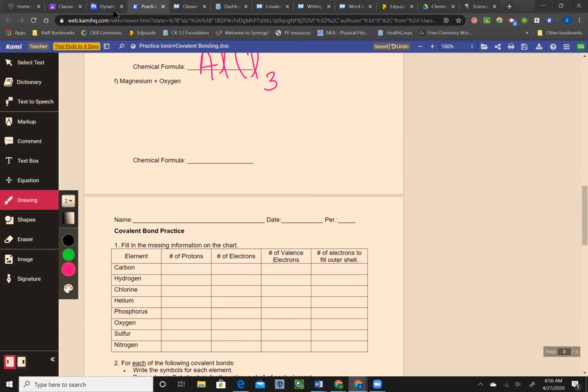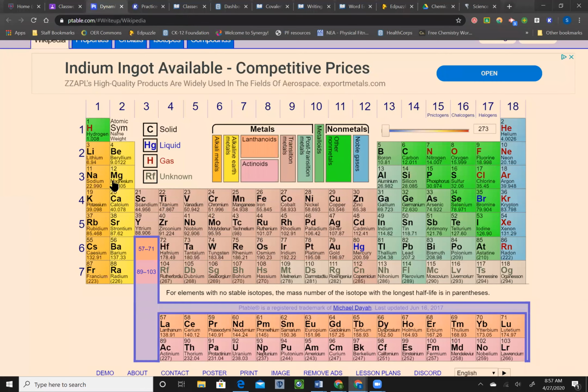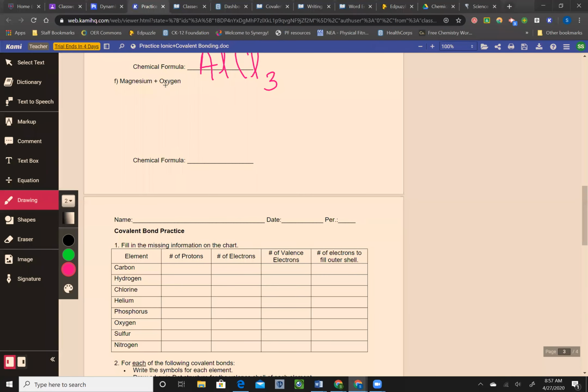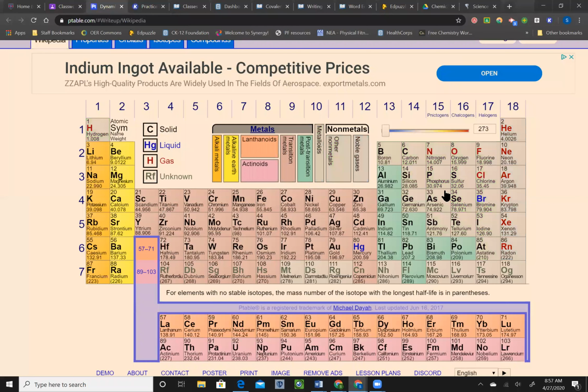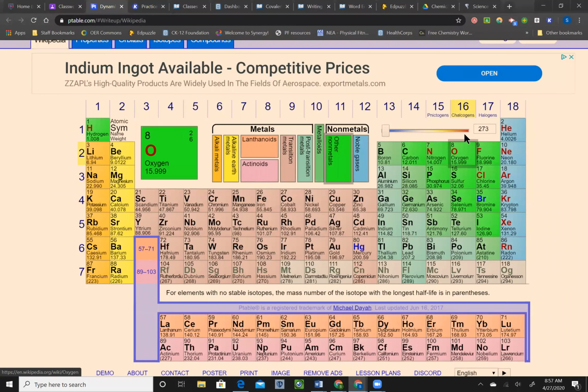All right, magnesium plus oxygen, the answer you should have got. Magnesium is in group 2, and oxygen is in group 6, if you recall, over here. So this one needs 2, this one has 2.